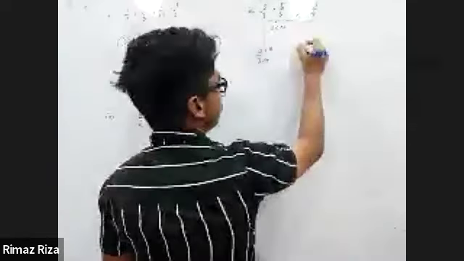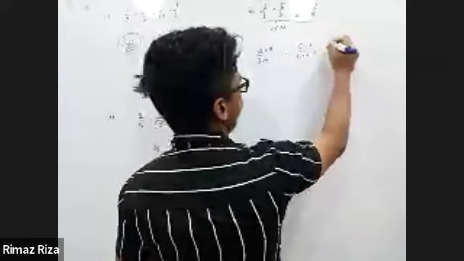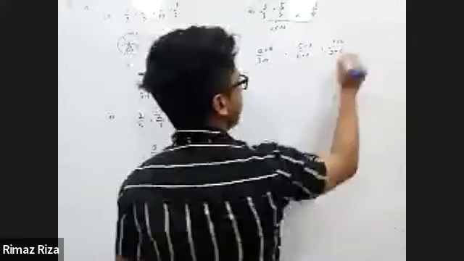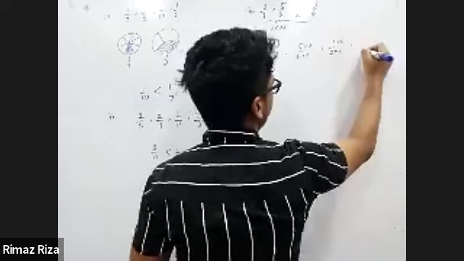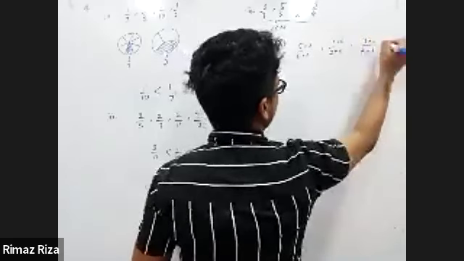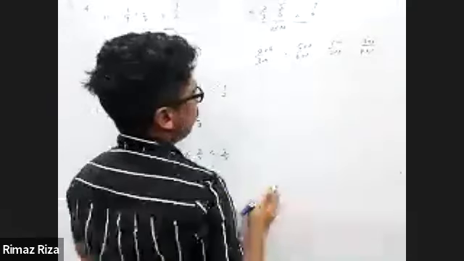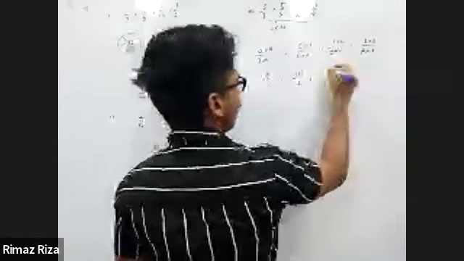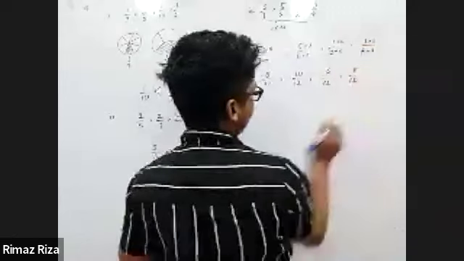Then 5 over 6, multiply by 2. And 1 over 2, multiply by 6. And here 4 into 3, therefore 3. Okay. So then this is 8 over 12, 10 over 12, 6 over 12, 9 over 12.